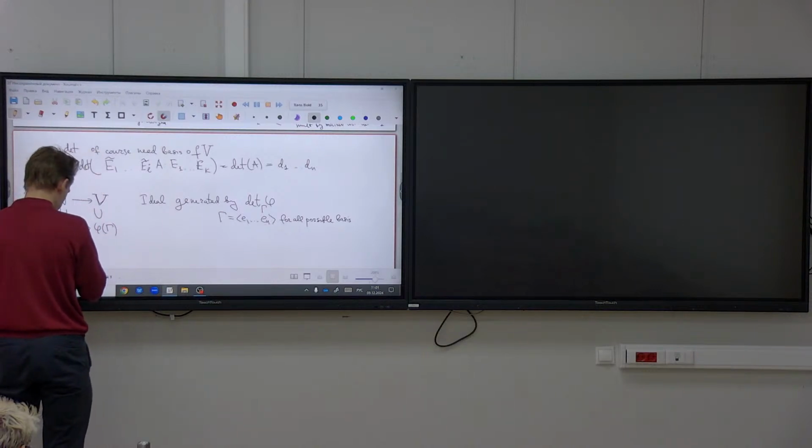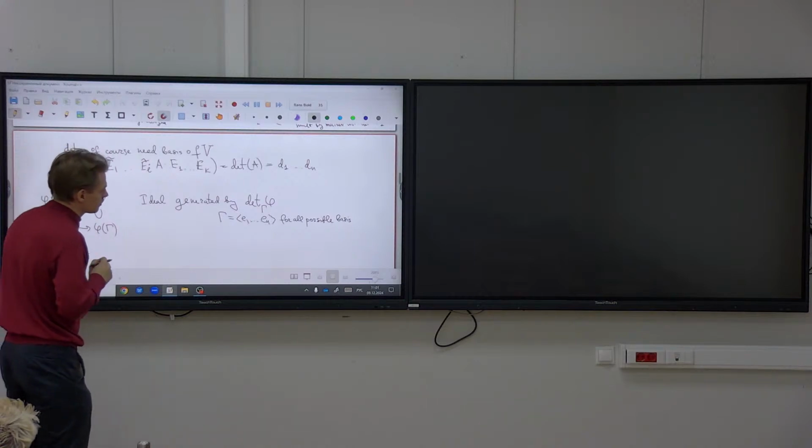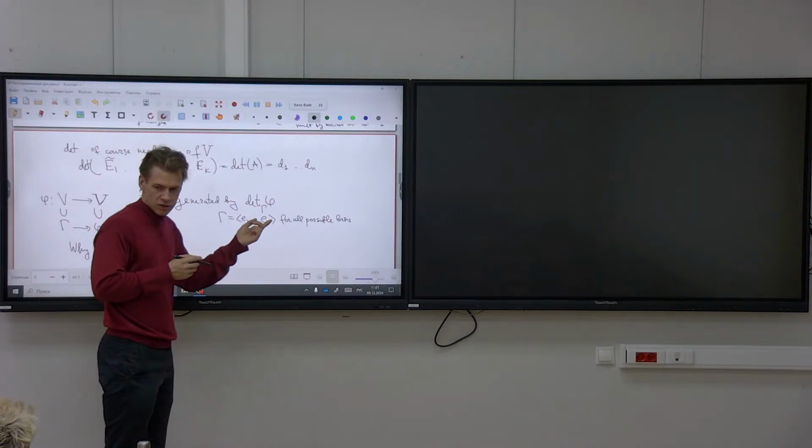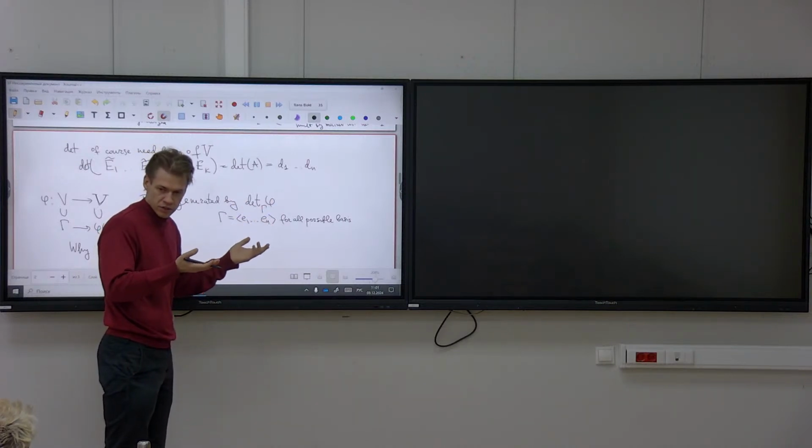So can you repeat what is that gamma of phi? I mean, you are calculating the determinant with respect to the basis. Yes.